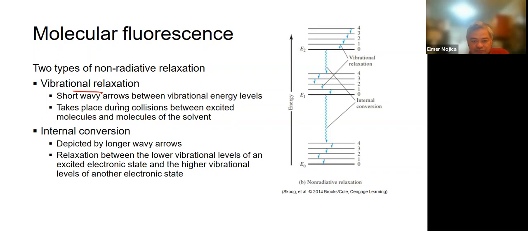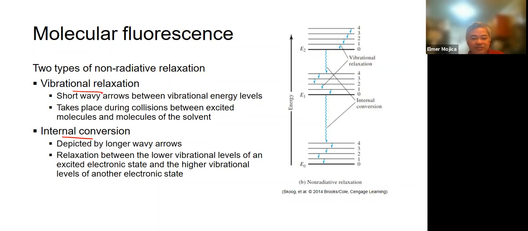So there's a short wavy arrow between the vibrational energy levels, and it takes place during collisions between the excited molecules and molecules of the solvent. Okay, so yan yung tinatawag nating vibrational relaxation.